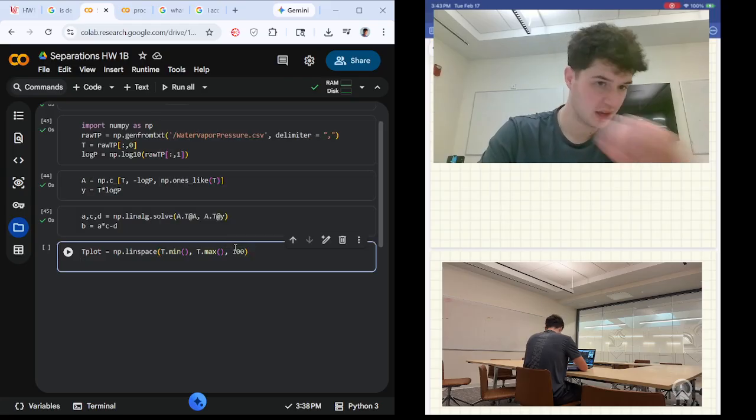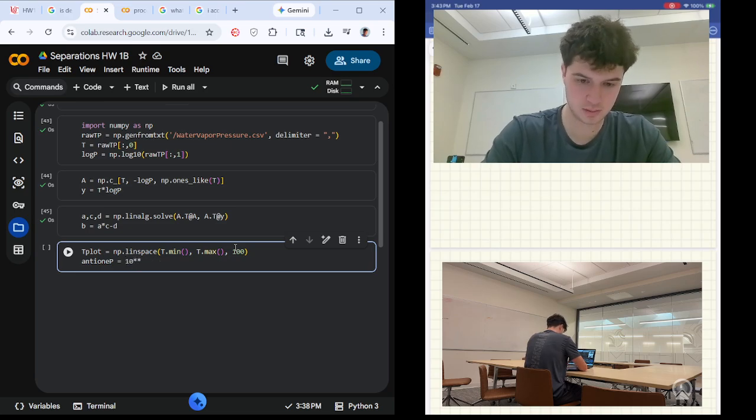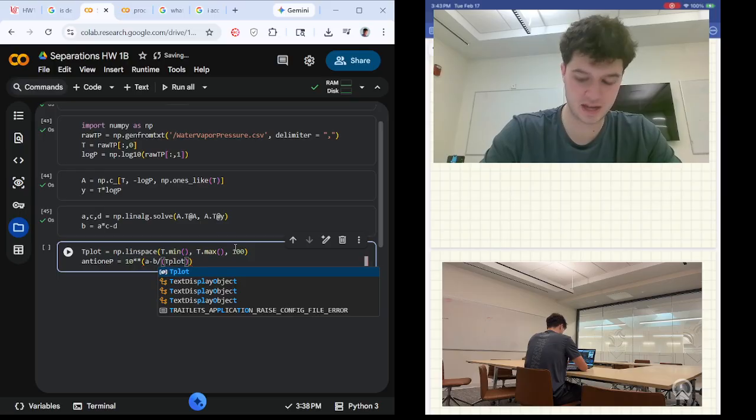And we also want our Antoine equation, which will be equal to 10 to the power of A minus B divided by this t-plot that we have plus C.